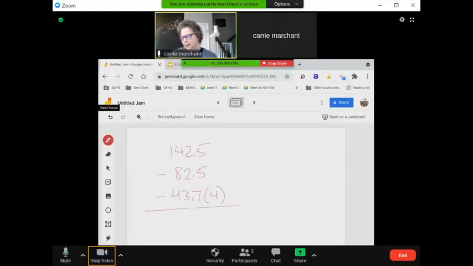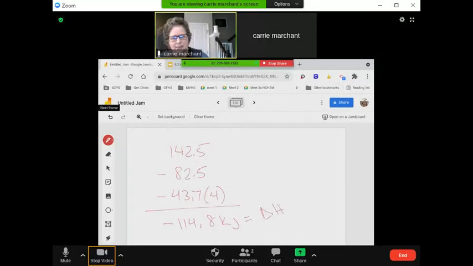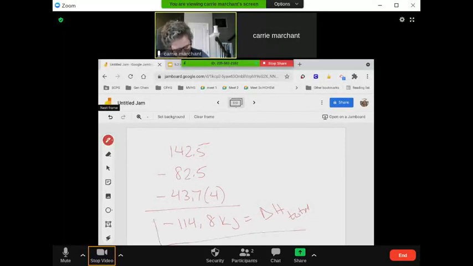So I'm going to plug that all into the calculator. Go ahead and plug it in yours as well. 30 seconds. Let's see if we all agree and we all plugged in our positives and negatives correctly. And I got negative 114.8 kilojoules would be my enthalpy change of the total or the goal reaction or the overall reaction.